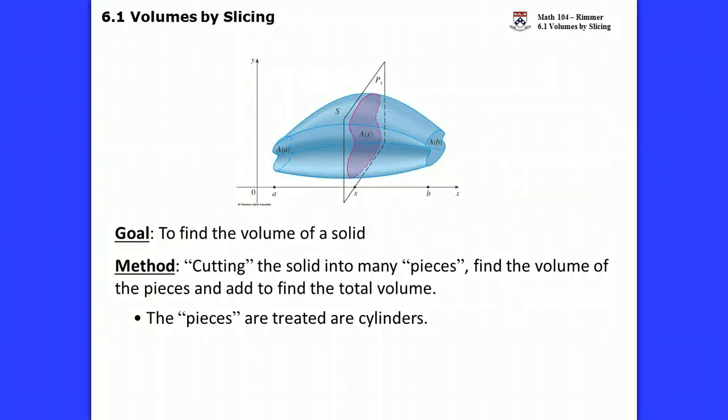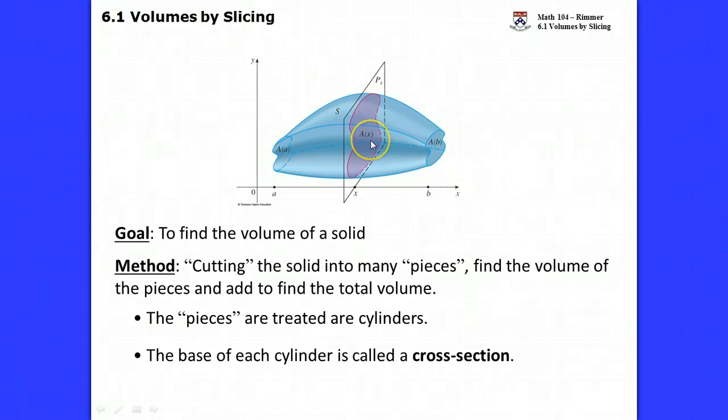When you think of a cylinder, usually you just think of two circles connected with a certain height. Well, this isn't quite that, but we have two bases, and the height will be some small distance, and the bases of these cylinders will be cross-sectional areas, this A of x area.